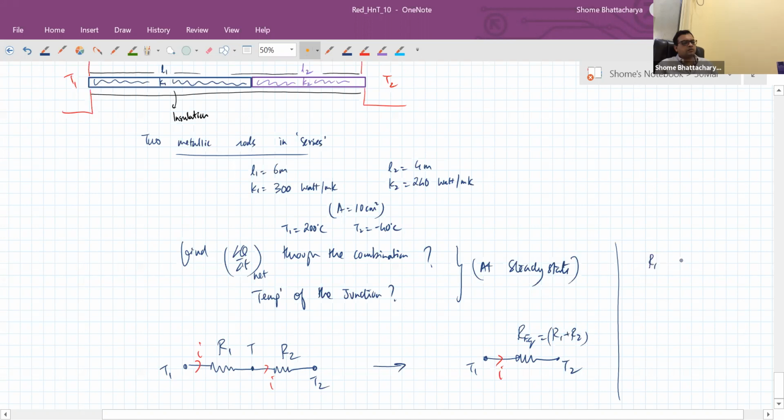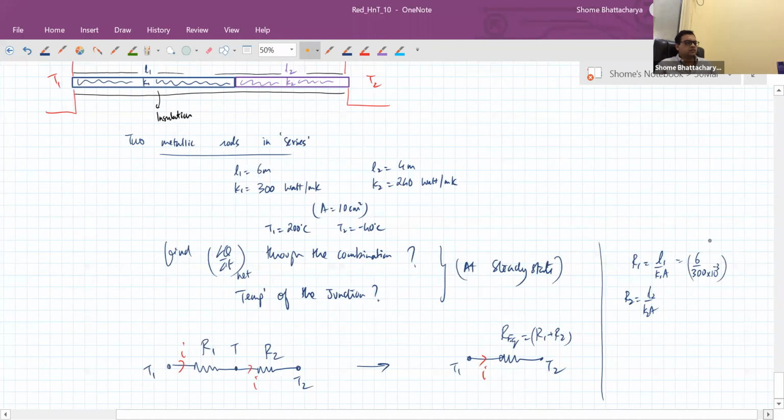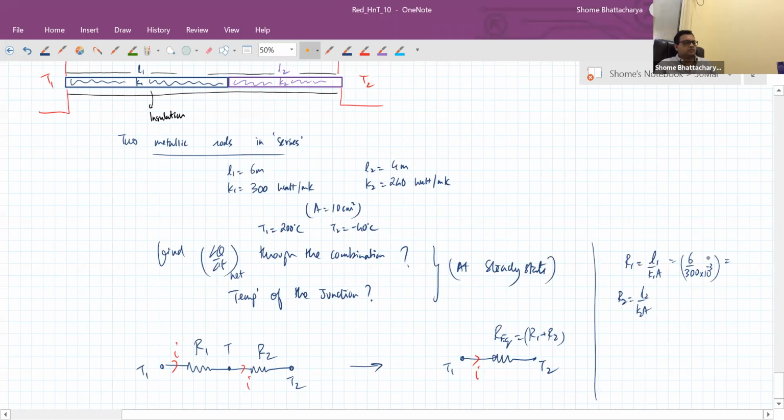So R1 is L1 upon K1A and R2 is L2 upon K2A. So these will become 6 upon 300 into 10 raised by minus 3. So that is 1000 by 50 or 100 by 2 or 50.